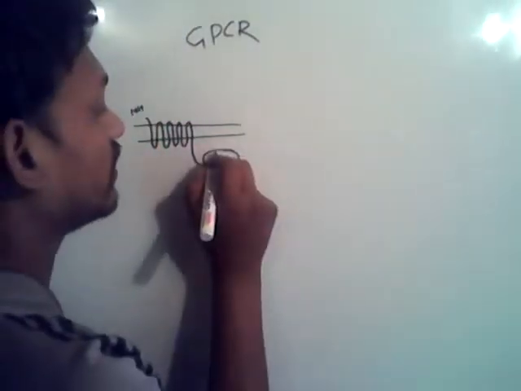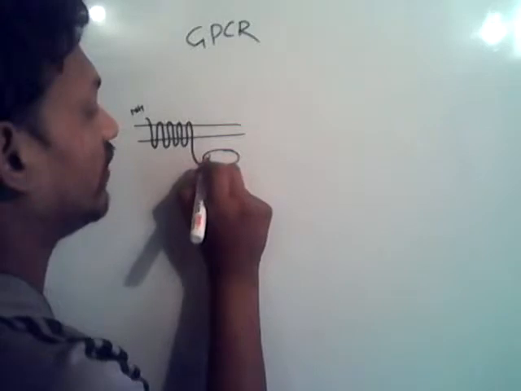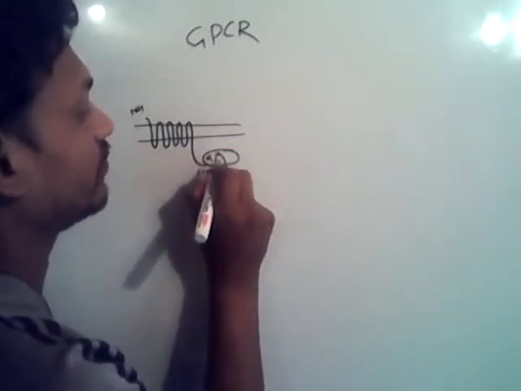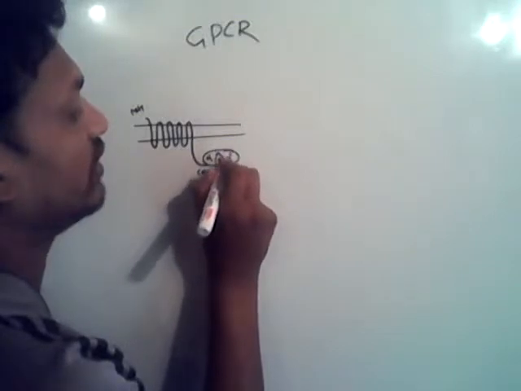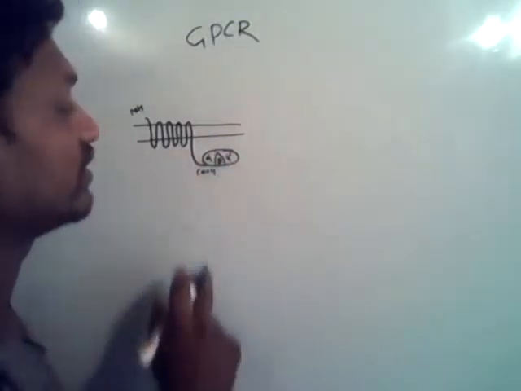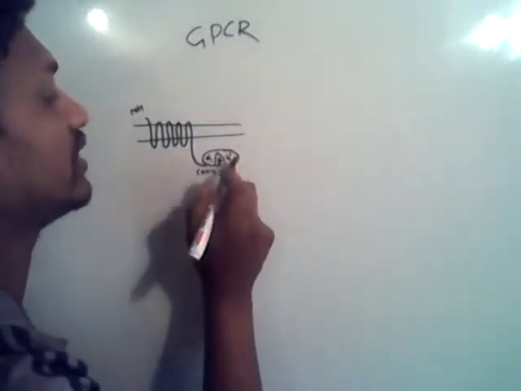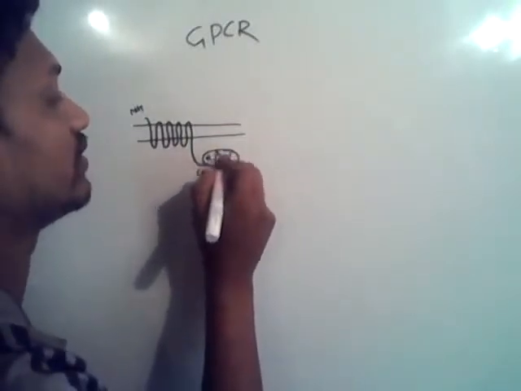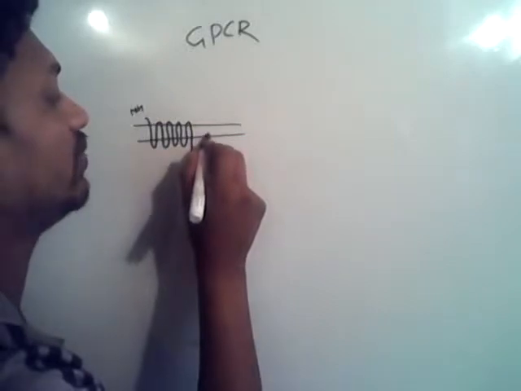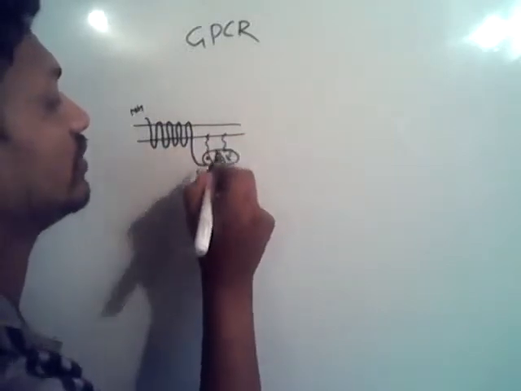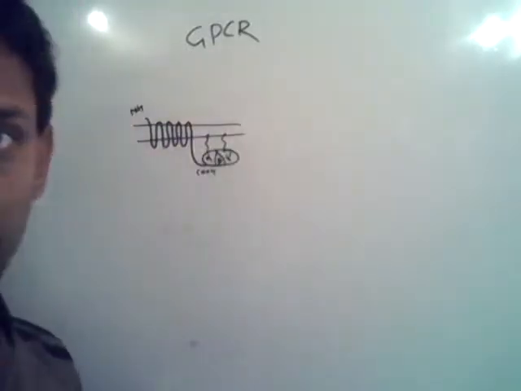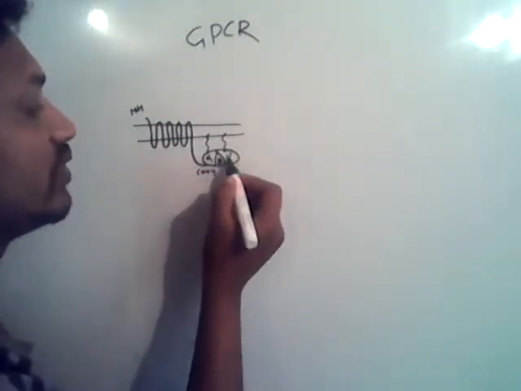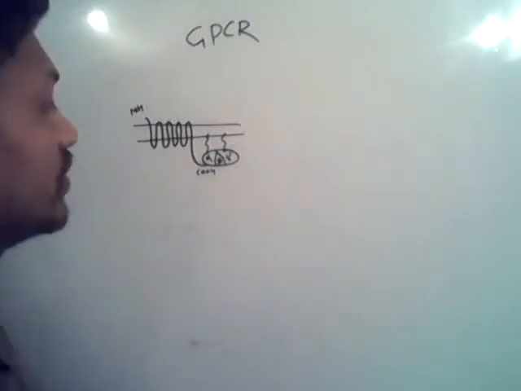G protein has subunits: alpha subunit, beta subunit and gamma subunit. It has 3 subunits. The alpha and gamma subunit bind to the membrane directly, while the beta subunit binds to the gamma and alpha subunit.